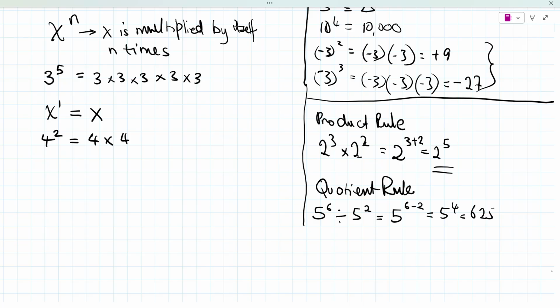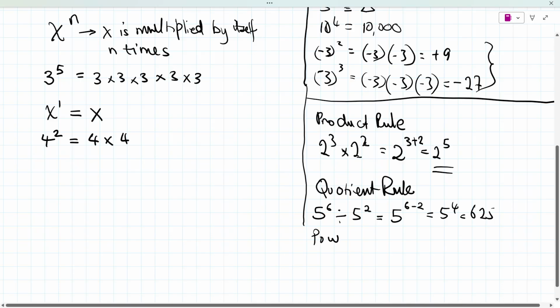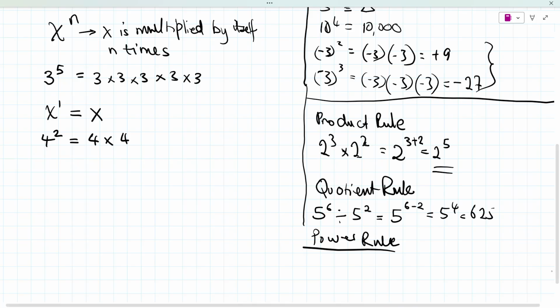And then the last rule would be the power rule. Now, the power rule, let's look at an example.